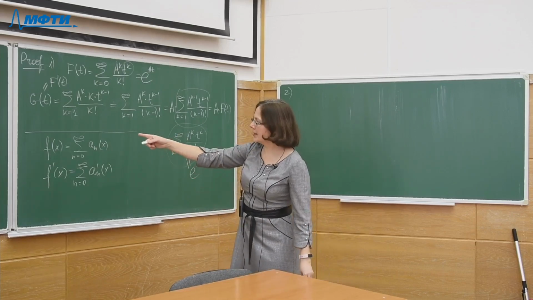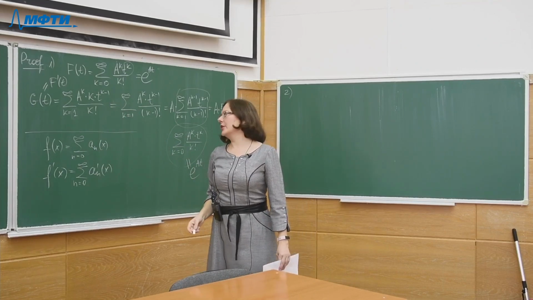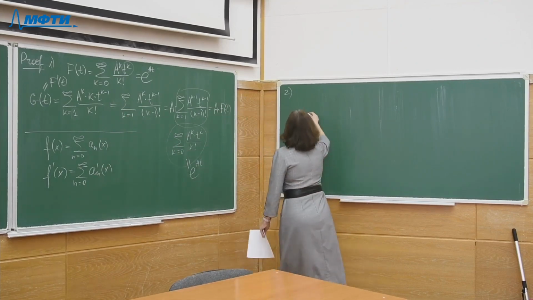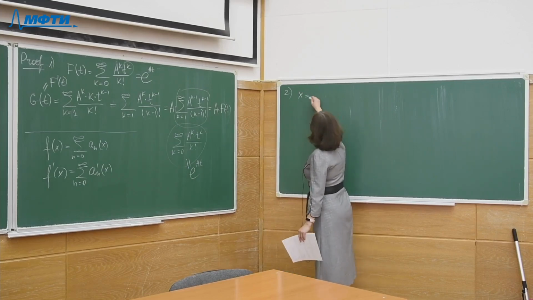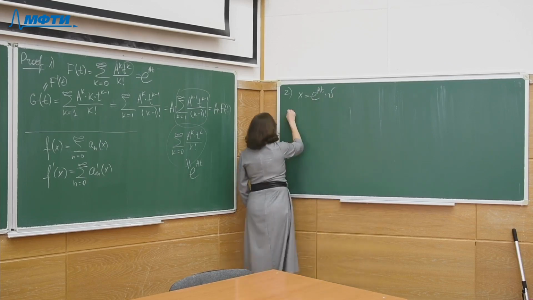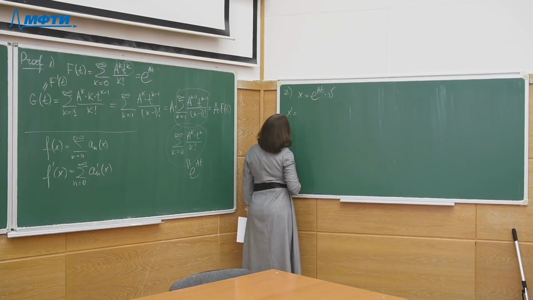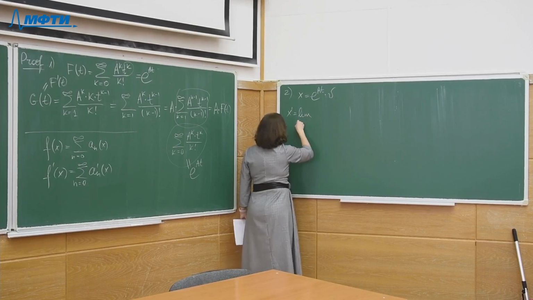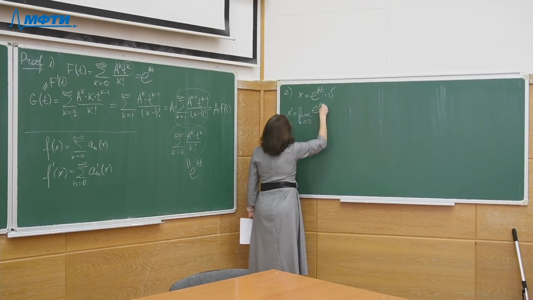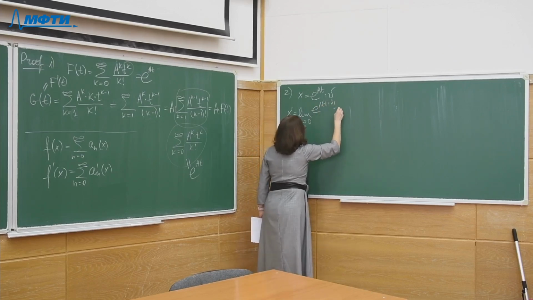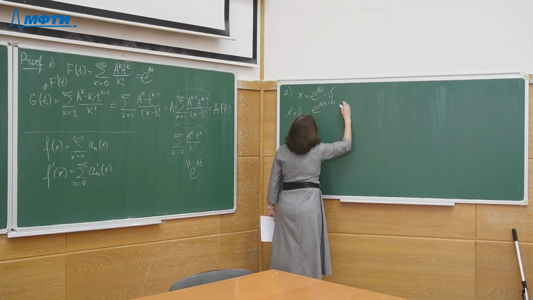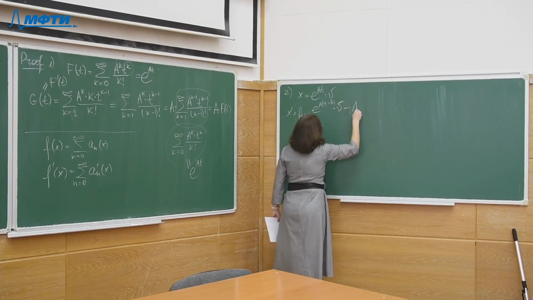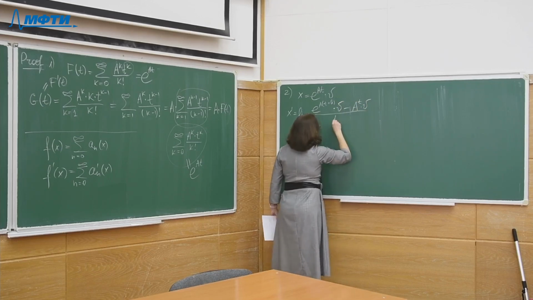Now we want to show that a general solution of equation number 1 is given by this formula. So first of all, I'd like to consider the vector x, which is equal to e to the power At times v, and I will try to find the derivative x prime. By definition, it is equal to the limit as h approaches 0 of (e to the power A(t+h) times v minus e to the power At times v) divided by h.